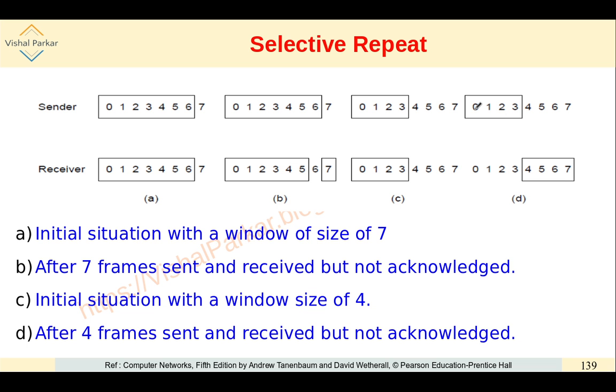Here they do not collide with the sender's window or the previous values 0, 1, 2, 3. So even if frames 0, 1, 2, 3 come, they will not be accepted because they do not fall within the acceptable receiving window. That's why there is no problem of sending previous copies to the network layer. Only when sequence numbers 4, 5, 6, 7 come will the packets for the corresponding frames be sent to the network layer.